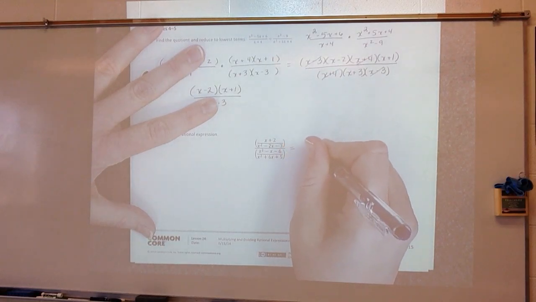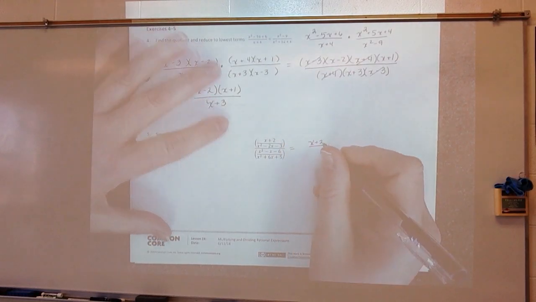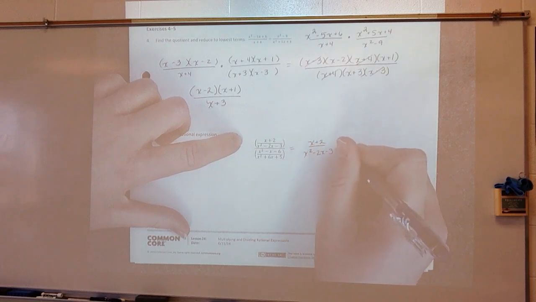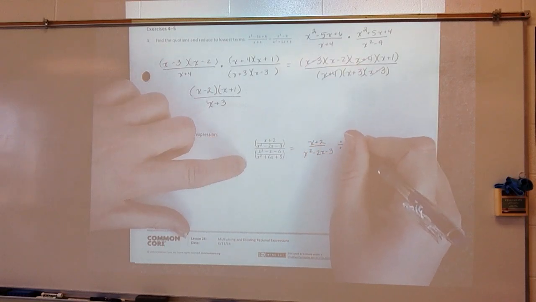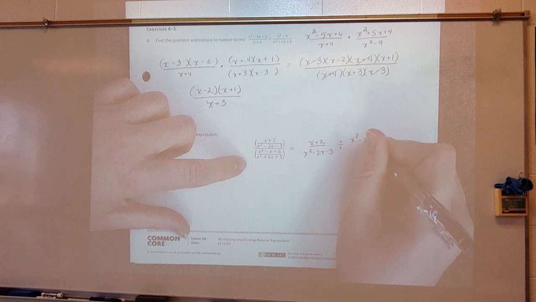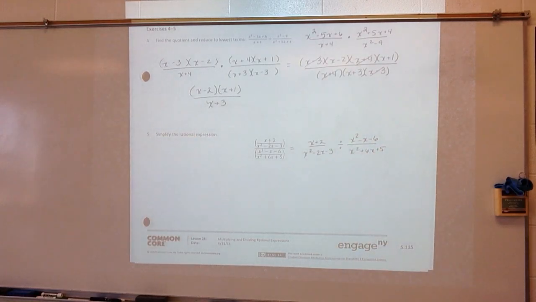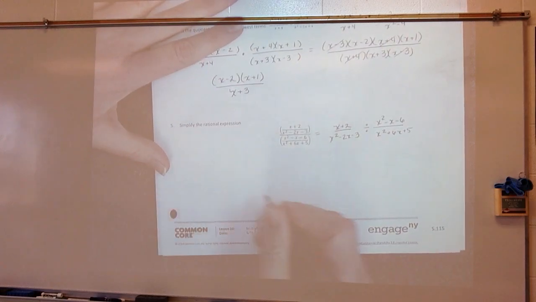All that's saying is x plus 2 over x squared minus 2x minus 3 divided by x squared minus x minus 6 over x squared plus 6x plus 5. And so therefore I can work this problem out.